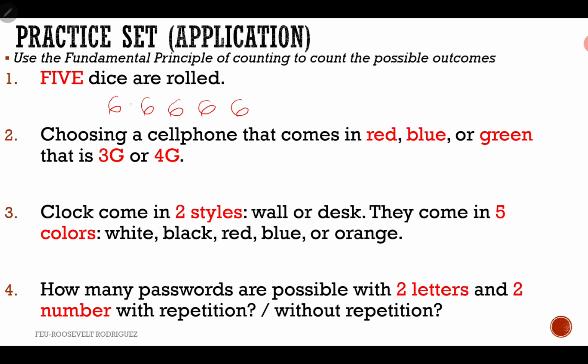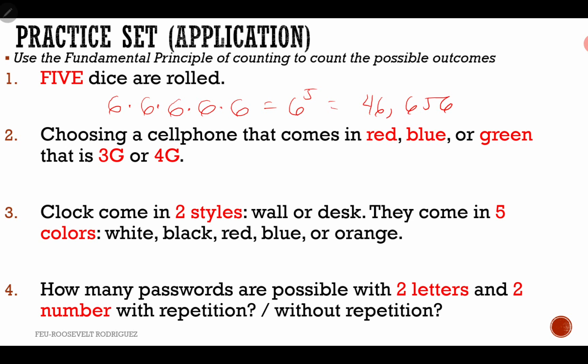Therefore, we need to multiply the set of values 6 times 6 times 6 times 6 times 6, 5 times, or that is simply equal to 6 raised to 5. With the use of your calculator, 6 times 6 times 6 times 6 times 6. That is equal to 46,656 combinations.